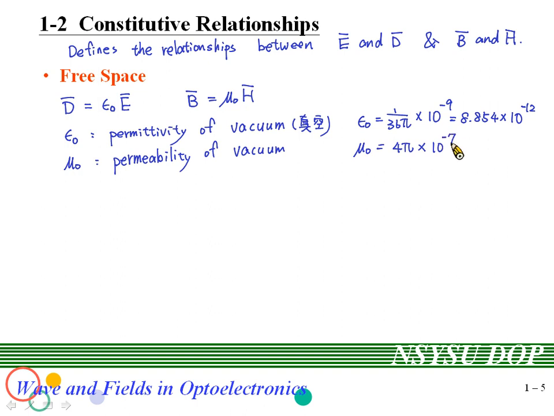Okay? From these two constants, you can derive the speed of light in vacuum.